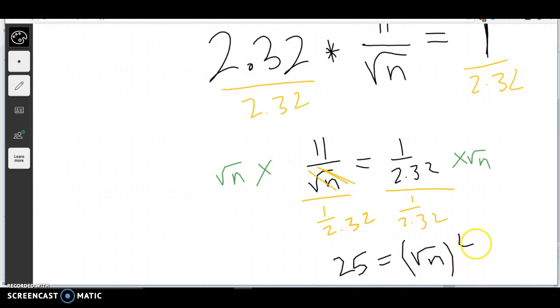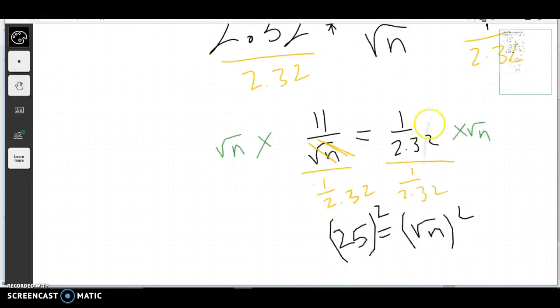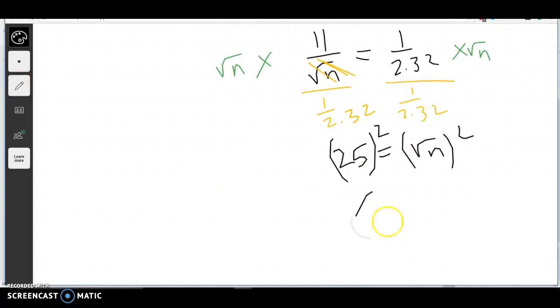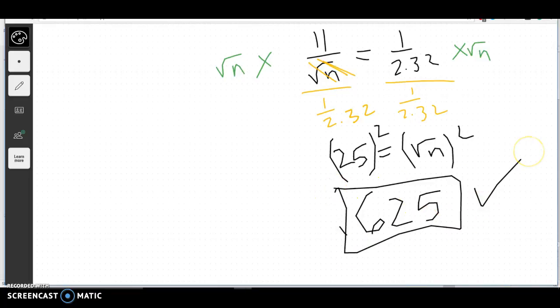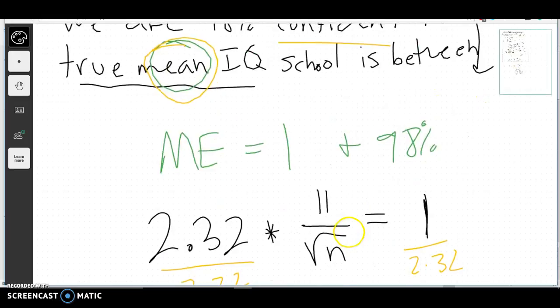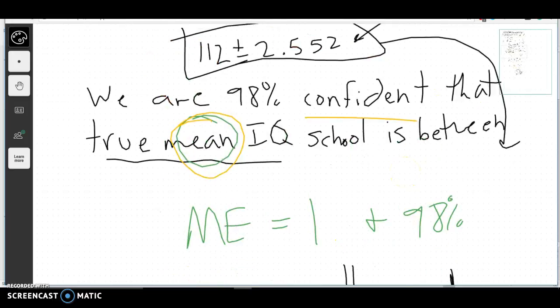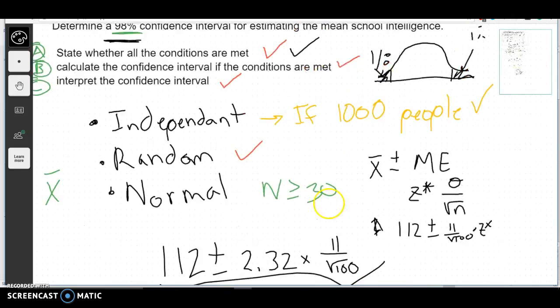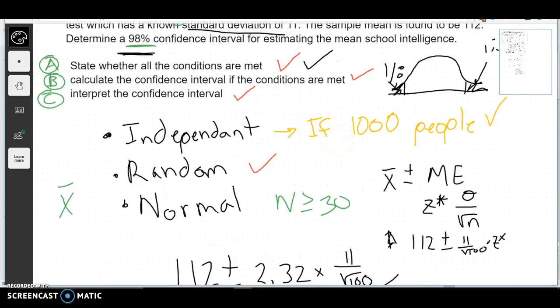So we're going to square this thing, square this thing. So we would have needed to take a sample size of 625 to get a margin of error of 1. And we can do that as long as the school's population has over 6,000 students. So we might not be able to get the margin of error that low with a 98% confidence interval, but that's how we would have to go about figuring that out.